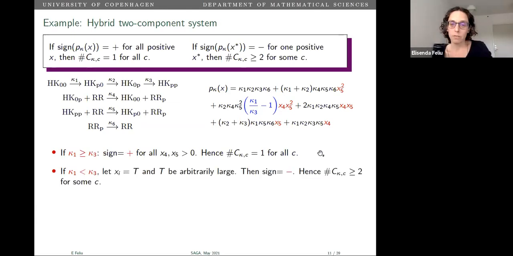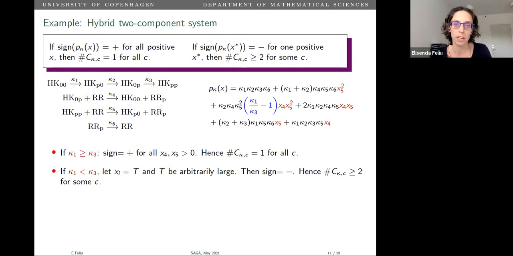What happens if the coefficient is negative? Well, that requires some more work, but you can see this monomial that goes with a negative coefficient is of degree 3, and the rest of the monomials have degree lower than 3, right? So if you just say x4 equals x5 equals some t, you evaluate it, you get a degree 3 polynomial with negative leading term.